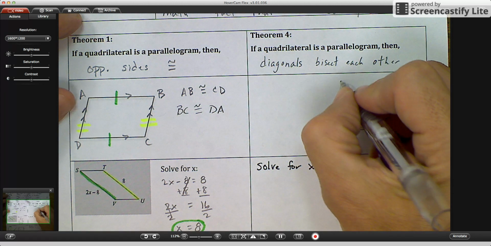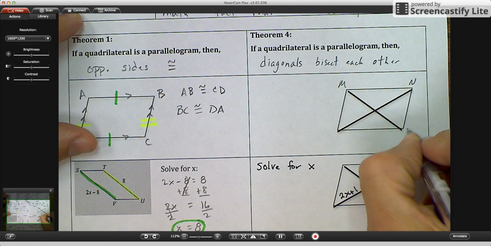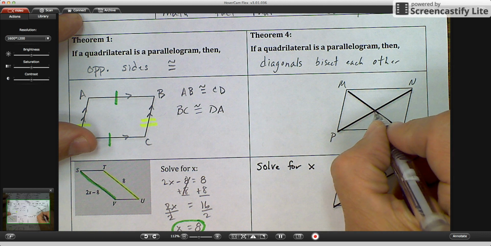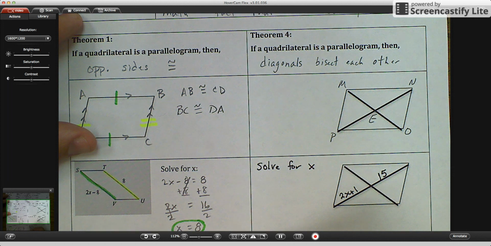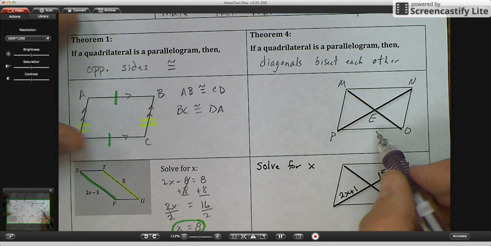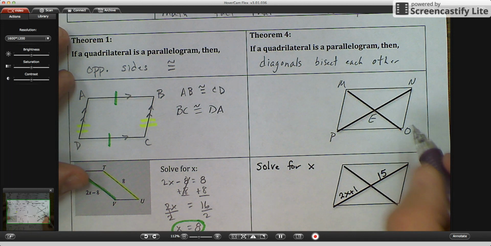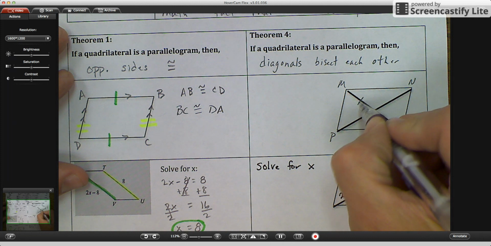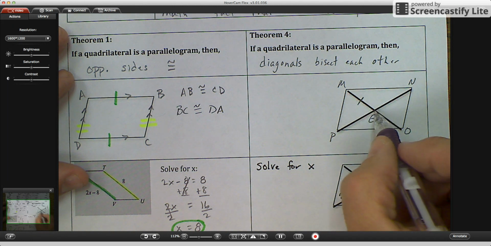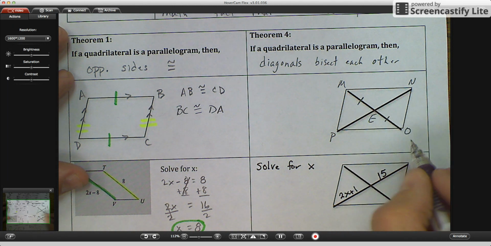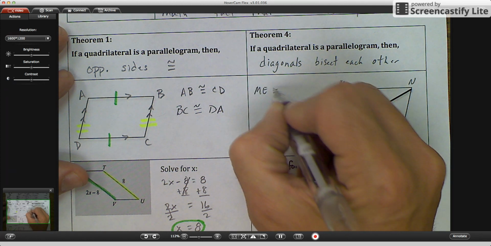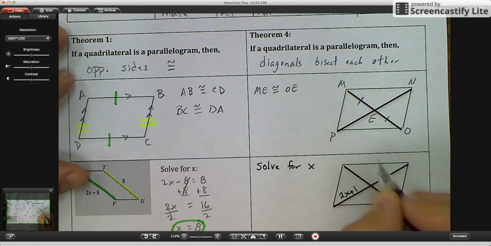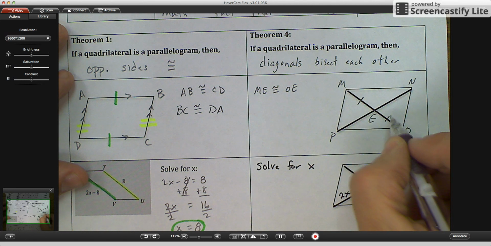So I'm going to label M, N, O, P. And this point where the diagonals intersect, I'm going to label E. And it says diagonals bisect each other, which means they cut each other in half. So I have ME is one half, OE is the other half. So ME would be congruent to OE because they cut each other in half.